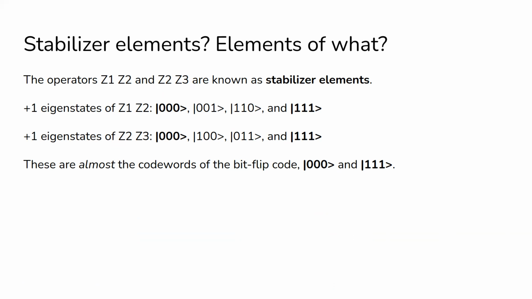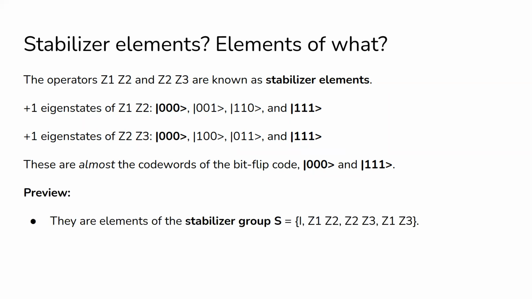And you can reason why this is. Z1, Z2, the first 2 bits have to be the same. Z2, Z3, the second 2 bits have to be the same. And I've bolded the set intersection. You'll notice that the code words in the intersection of these 2 sets are exactly the code words of the 3-qubit bit flip code. So we see that here.